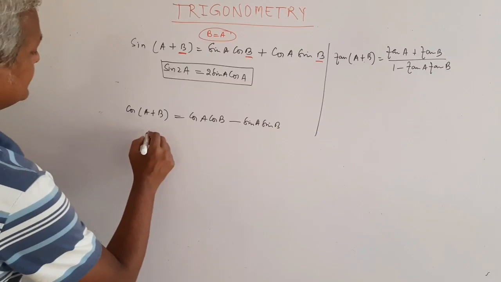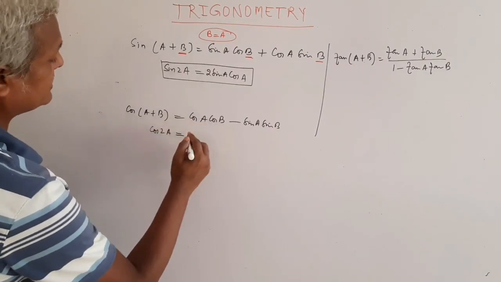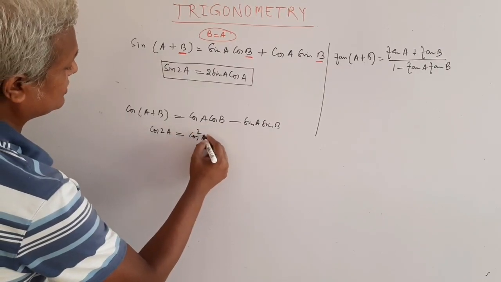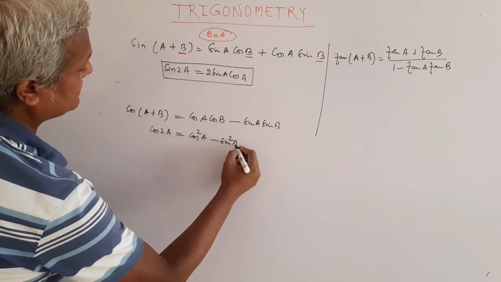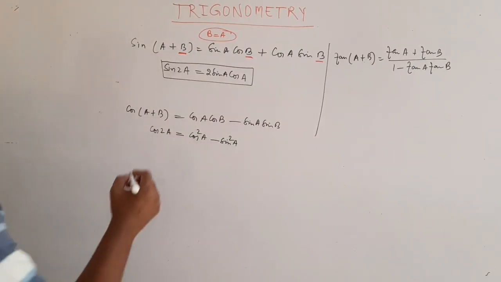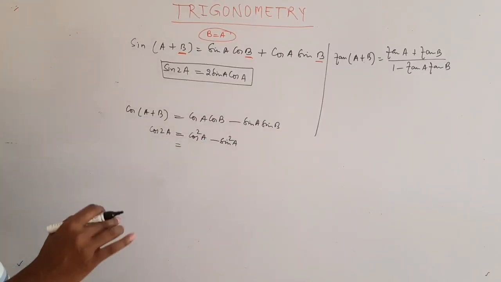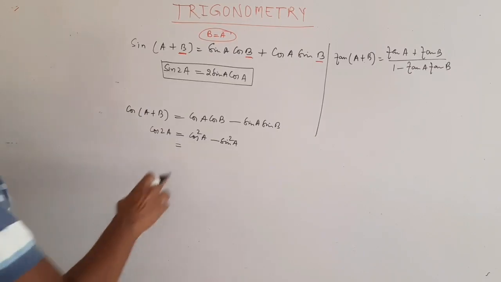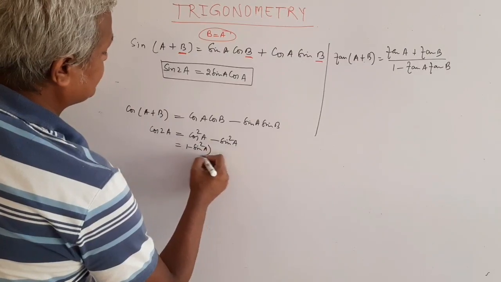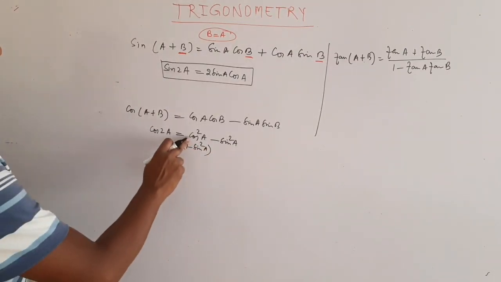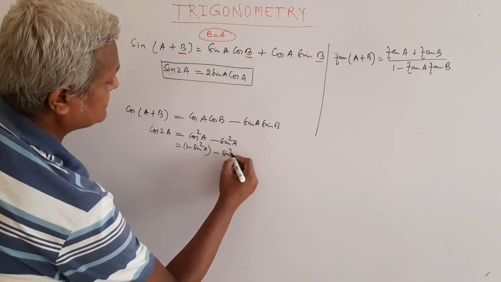Now here this will become cos 2a is cos a cos a, that is cos square a, minus sine square a. So this is another formula. Now if I convert this cos square a, you know that sine square a plus cos square a is 1, so cos square a is 1 minus sine square a, and then minus sine square a.